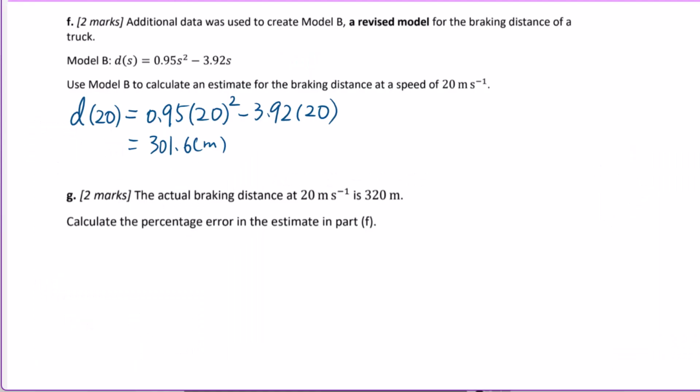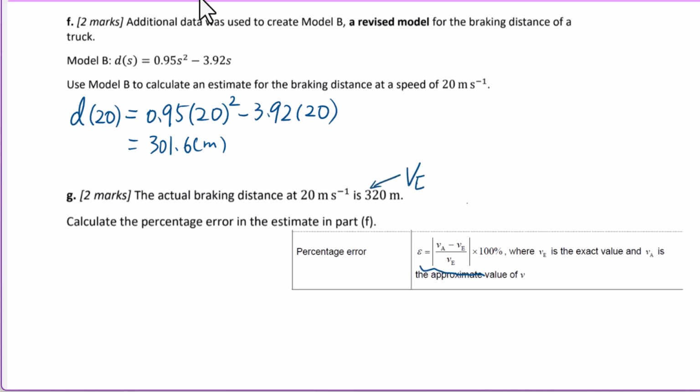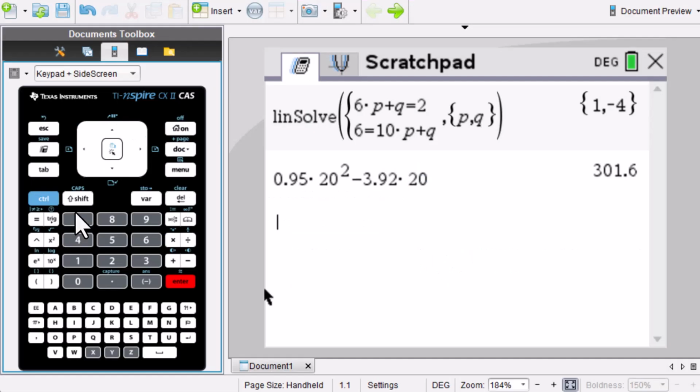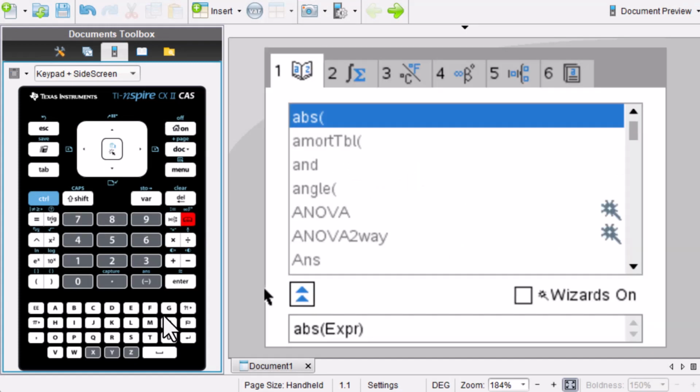G. The actual braking distance at 20 meters per second is 320 meters. Calculate the percentage error in the estimate in part F. VE is the exact value, VA is the approximate value. So we plug into this formula. This is the math box, Enter, we get this absolute value.